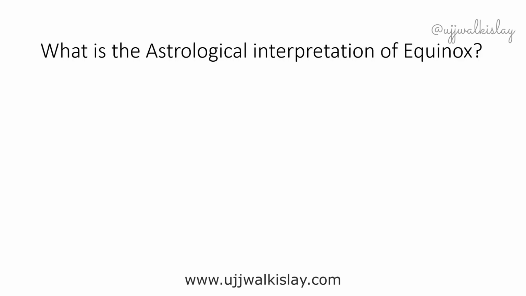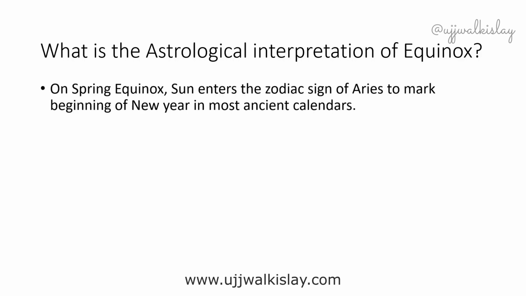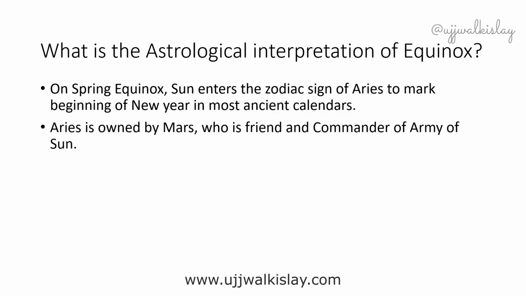What is the astrological interpretation of equinox? On spring equinox, the Sun enters the zodiac sign of Aries to mark the beginning of the new year in most ancient calendars. Aries is owned by Mars, who is friend and commander of the army of the Sun. The Sun exalts in Aries, and from this day the summer starts.